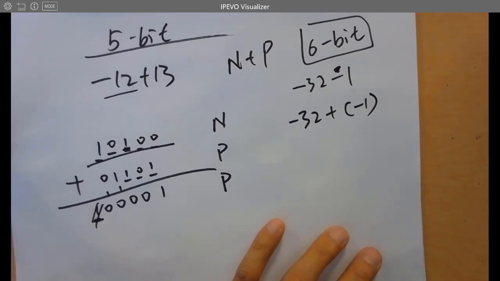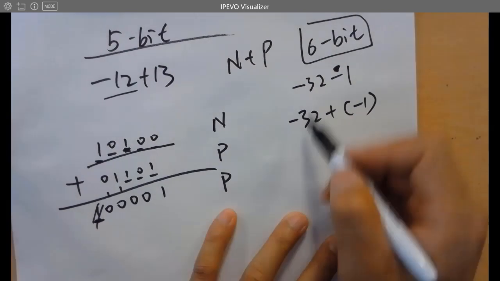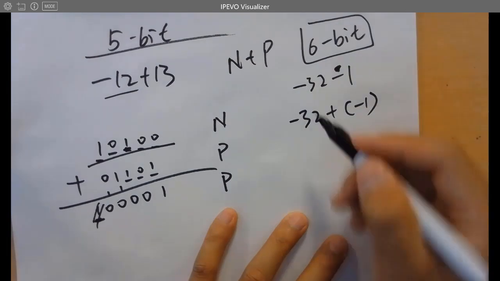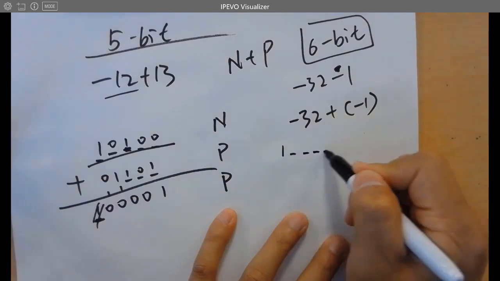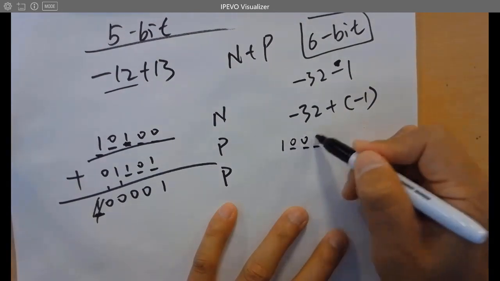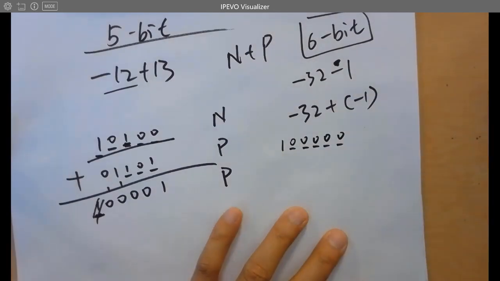Okay. And then what is minus 32? It is 1, then 0, 0, 0, 0, 0. That's minus 32. What about minus 1? All ones. 6-bit.